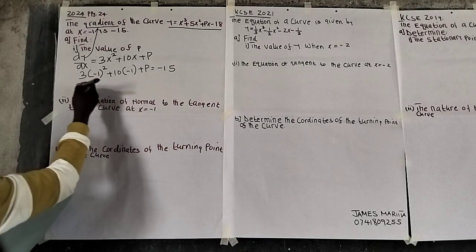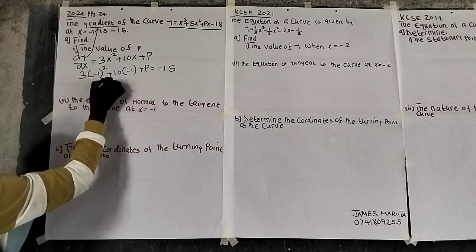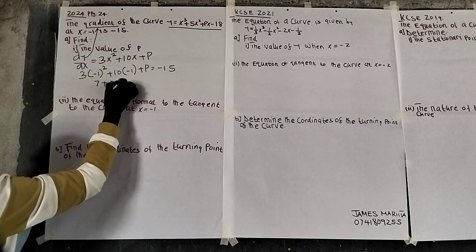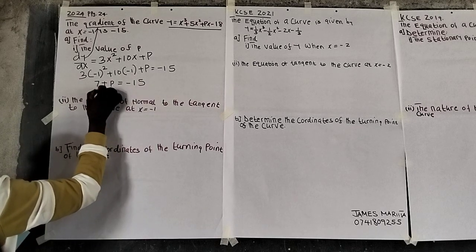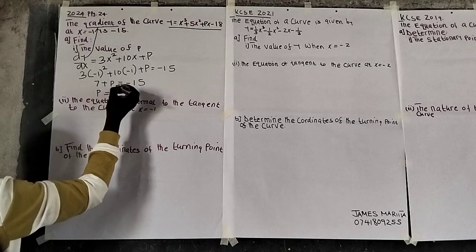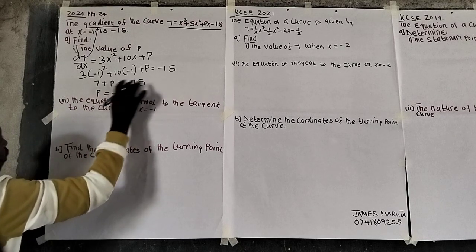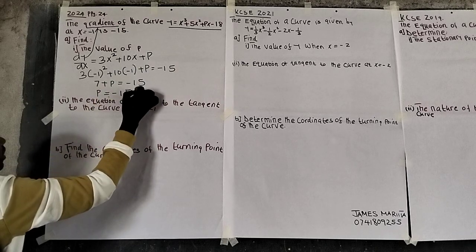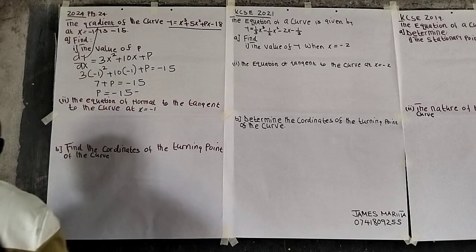If we simplify on this side, we will have 7 plus p is equal to -15. So the value of p is equal to -15, and we take 7 to the other side. It becomes a minus.